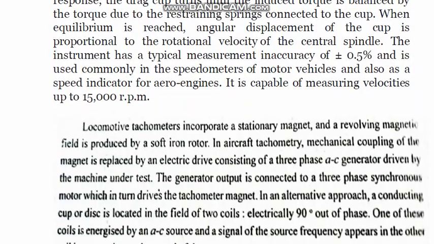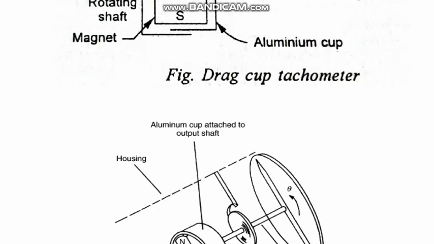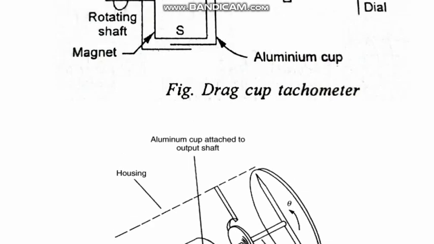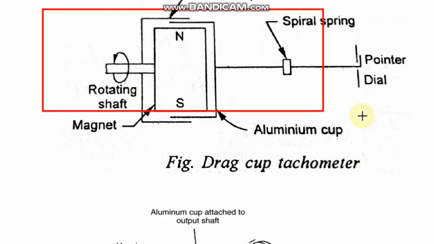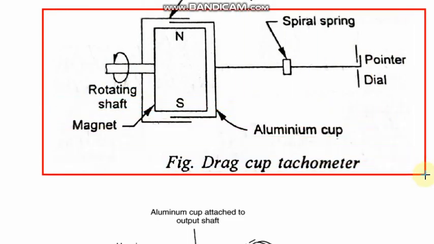Based on this eddy current concept, now I am showing you how the eddy current tachometer works. Here is the shaft in the diagram, which is known as the drag cup tachometer. This is the rotating shaft connected with this magnet, with a north pole and south pole.